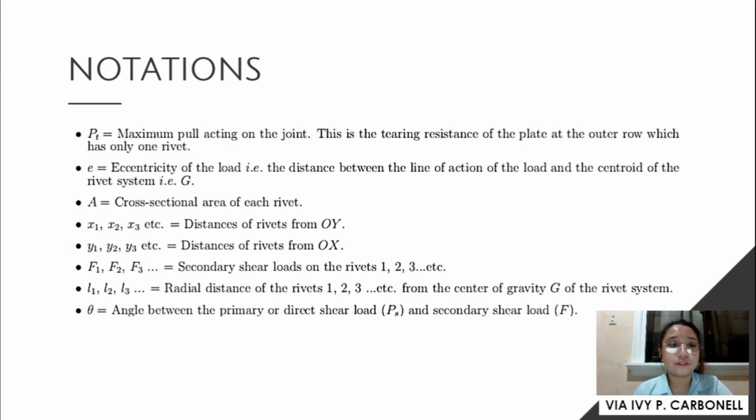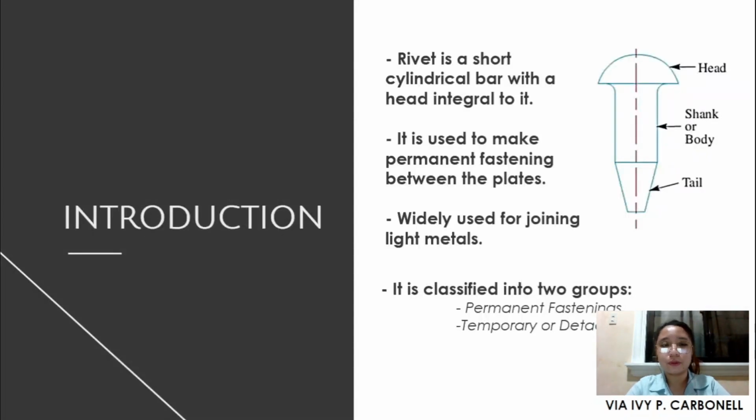Small letter e for the eccentricity of the load, capital letter A for the cross-sectional area of each rivet, and x1, x2, x3, etc. for the distance of the rivets from OY, y1, y2, y3, etc. for the distance of the rivets from OX, F1, F2, F3 for the secondary shear loads on the rivets 1, 2, 3, etc. L1, L2, L3, etc. for the radial distance of the rivets. And then you have the angle, which is the angle between the primary or the direct shear load and the secondary shear load.